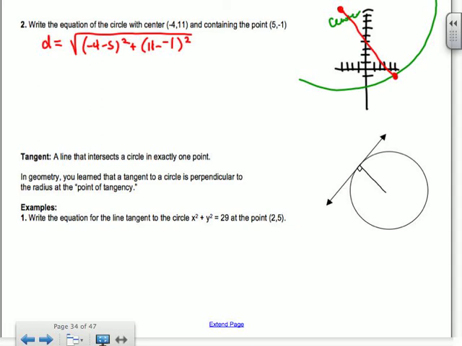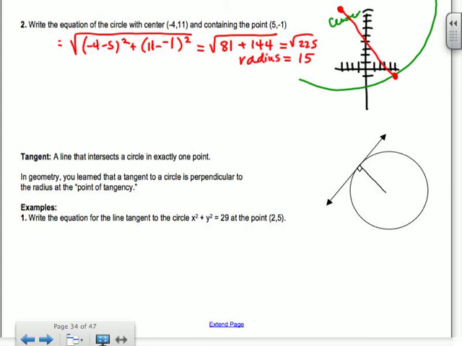So change in x's, change in y's. So I get (-9)^2, which is 81. I get 12^2, which is 144. 81 plus 144 is 225. Square root of 225, I think, is 15. 15 is your radius.